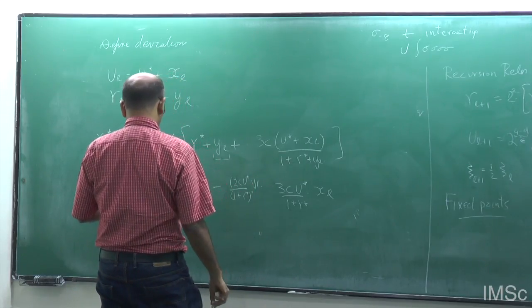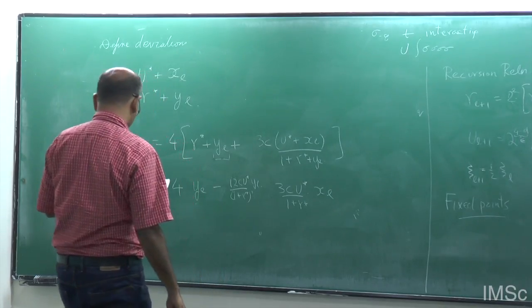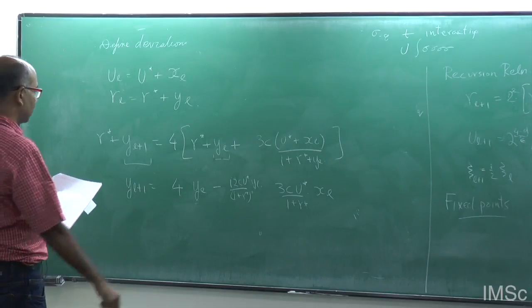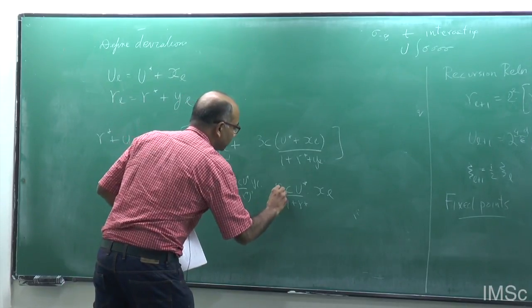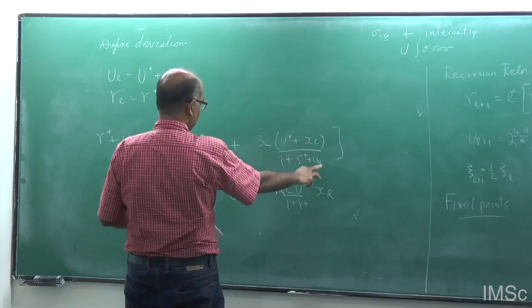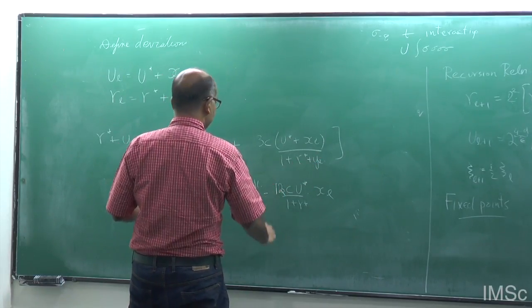Let me see, is this right? Sorry, this is not 3. This is 4 multiplying it, so this is 12.